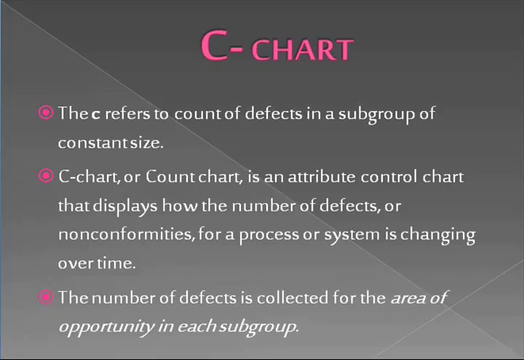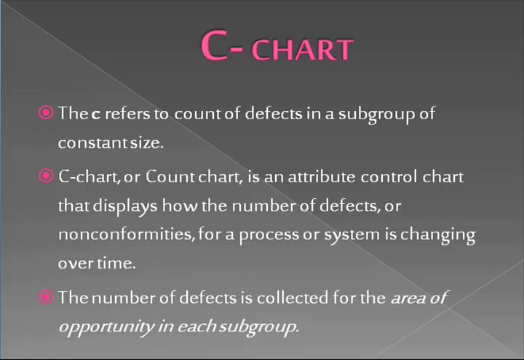The area of opportunity can be either a group of units or just one individual unit on which defect counts are performed. The C chart is an indicator of the consistency and predictability of the level of defects in the process.